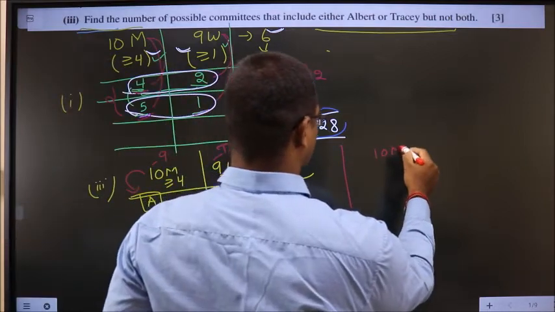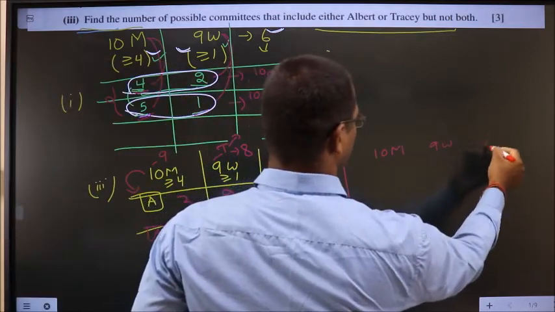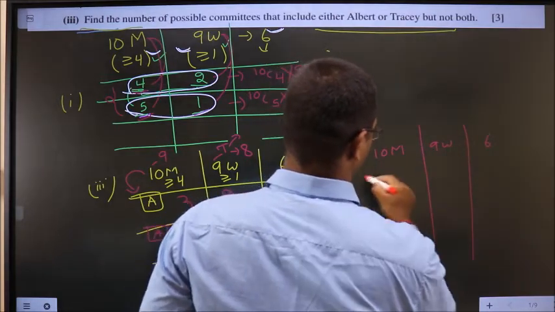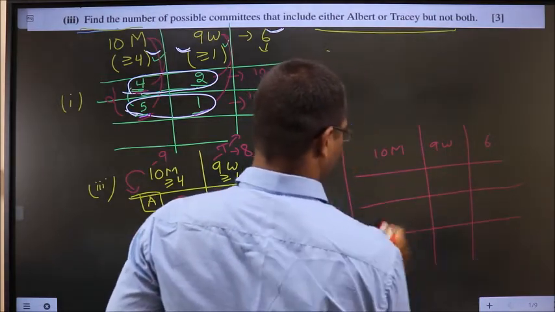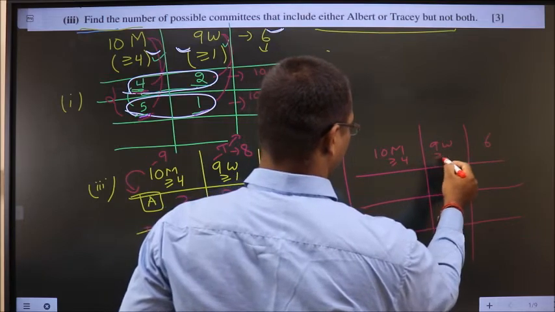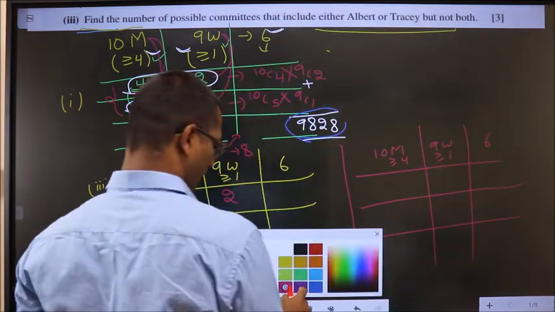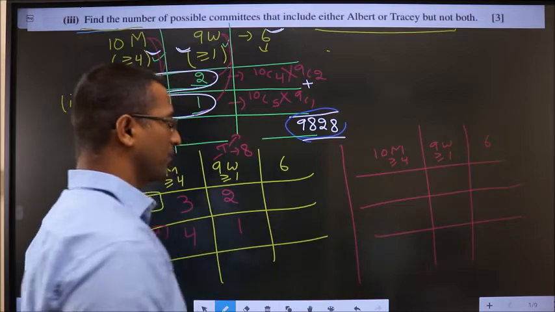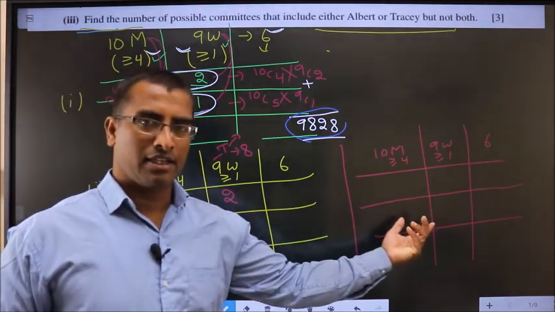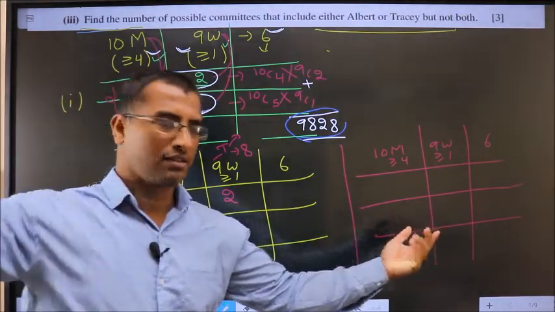Again same 10 men, 9 women, you need to select 6. Condition is same, greater than or equal to 4, greater than or equal to 1. Now, in this situation, Albert is away.